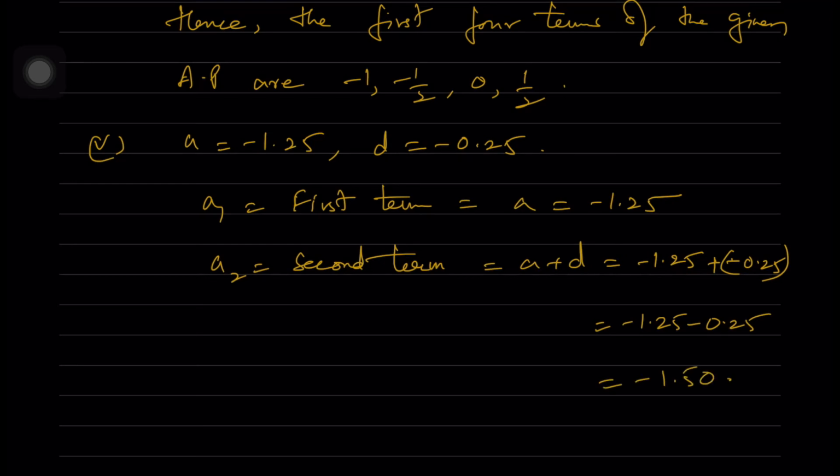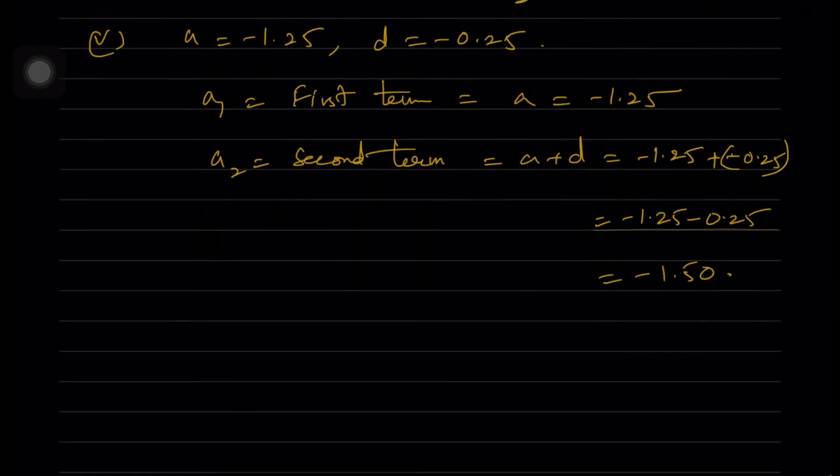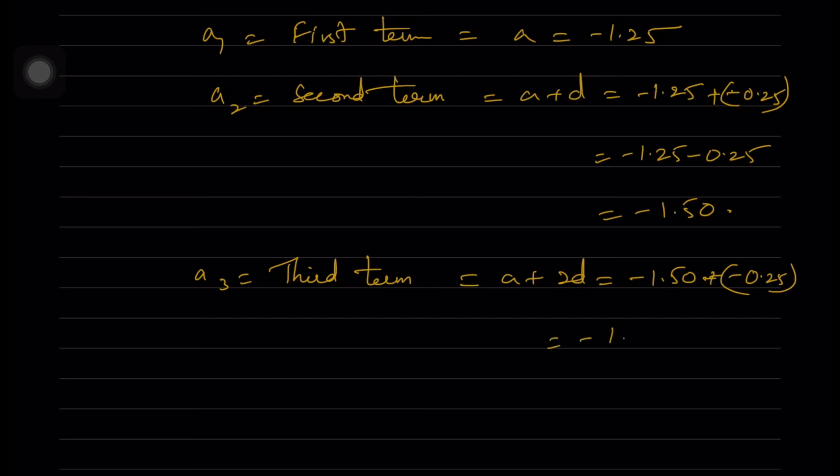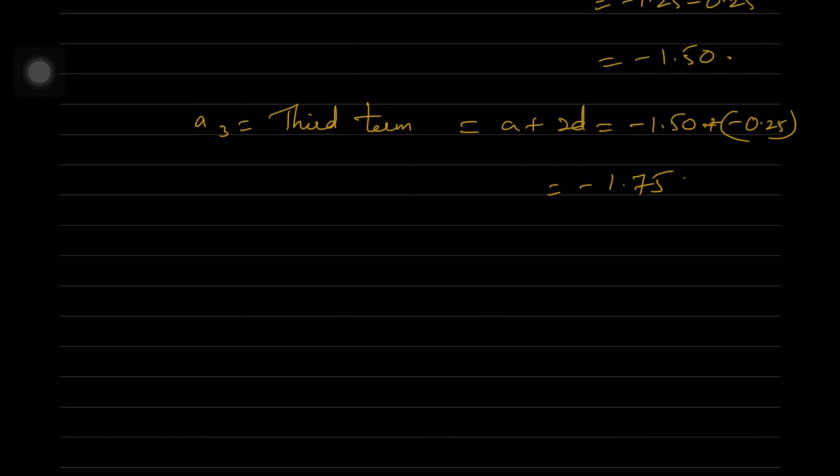Then a3 is equal to the third term, which is equal to a plus 2d, so minus 1.50 plus of minus 0.25, which is equal to minus 1.50 minus 0.25, which is equal to minus 1.75.